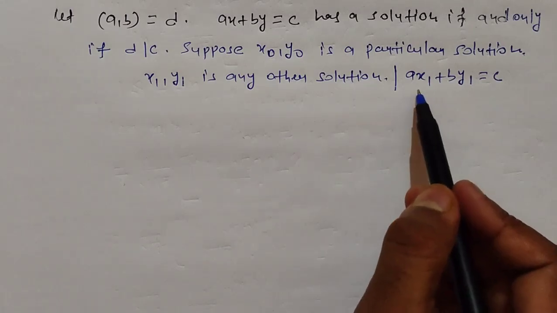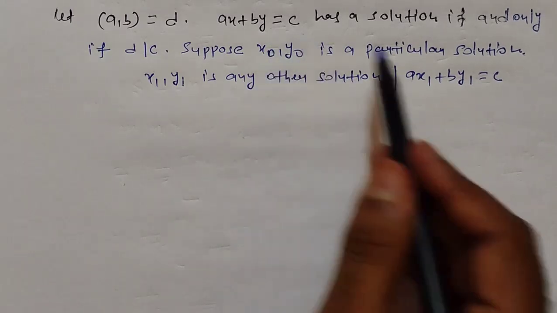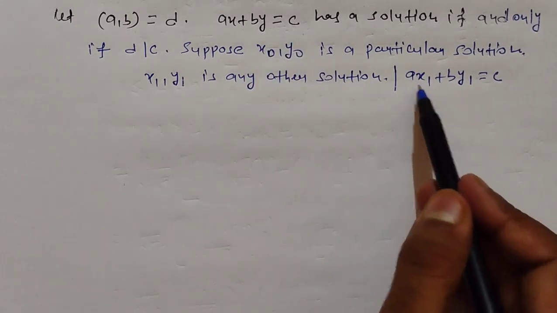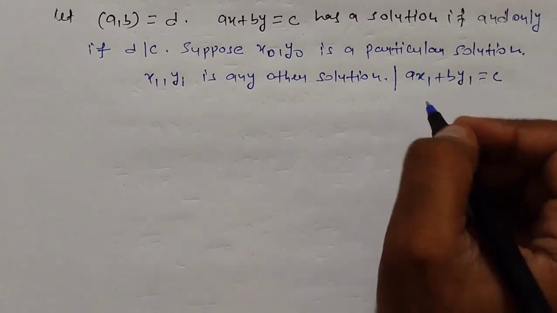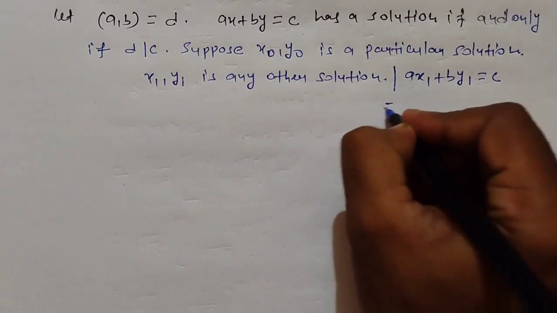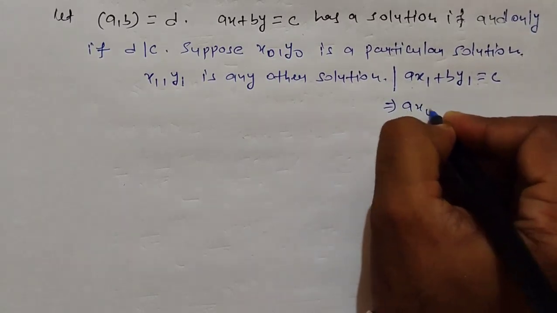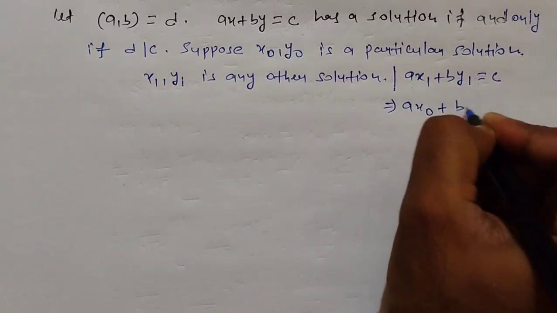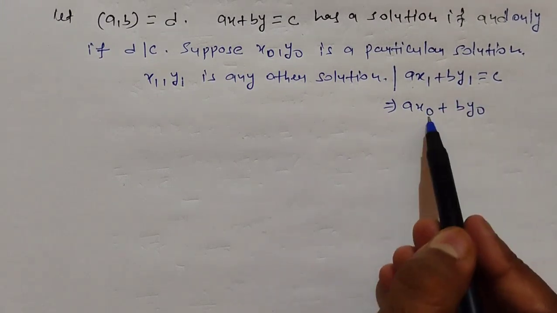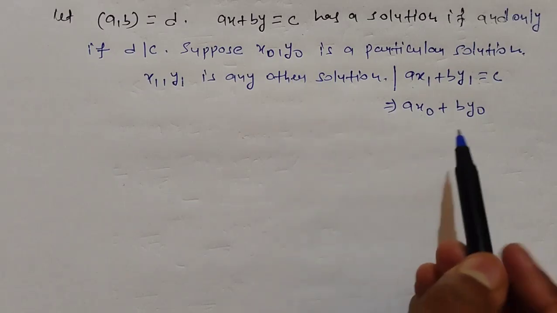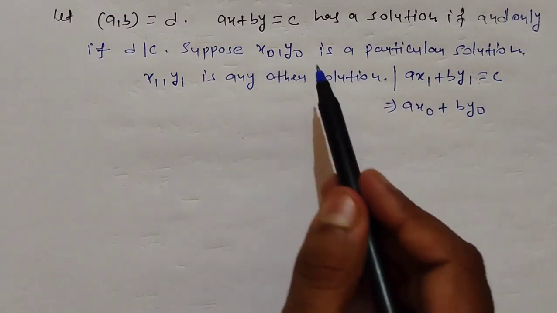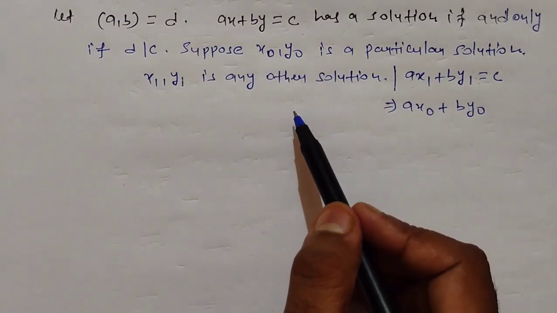So this will satisfy the equation ax plus by is equal to c, so ax1 plus by1 is equal to c. And now this is obviously equal to ax naught plus by naught, because x naught, y naught is already a particular solution, so this will also satisfy the equation ax plus by is equal to c.